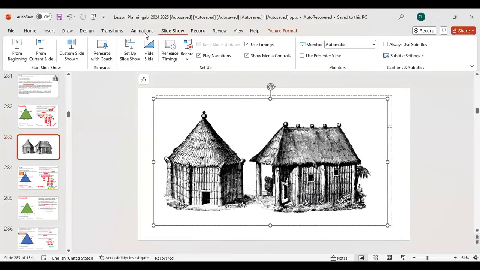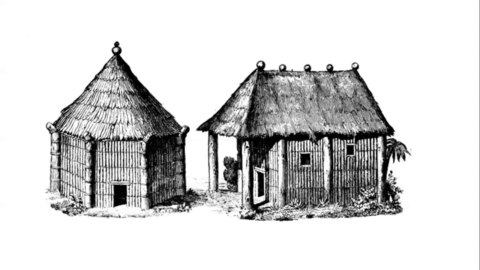Which one is the cacique's? Which one is the regular individual's? The cacique's is the rectangular one, the one on the right. Very good. Now, as you can see, the one on the right is supposed to be a little bit bigger than this. They drew the same size, but it's supposed to be a little bit bigger.